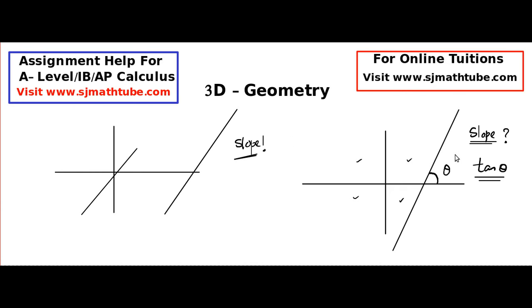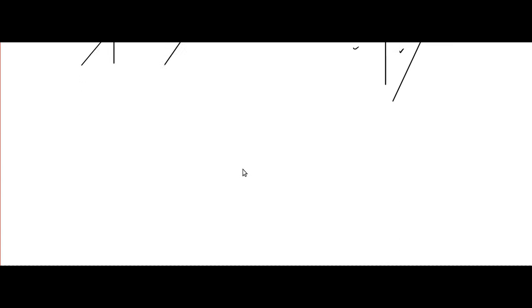In 2-dimensional analytical geometry, we associate every line with a measurement called slope. But in 3-dimensional analytical geometry, we do not have slope of a line. So that is exactly where we are going to start. Okay. Now, no need to worry.